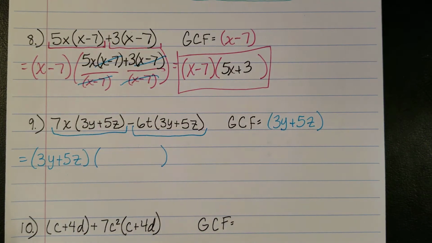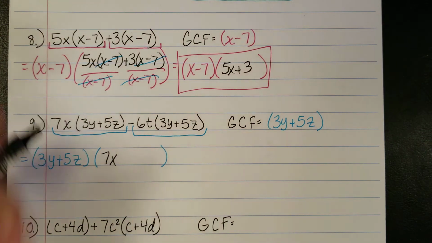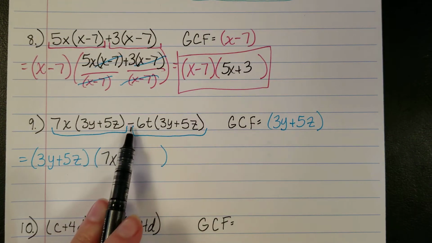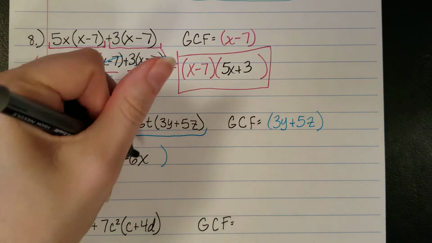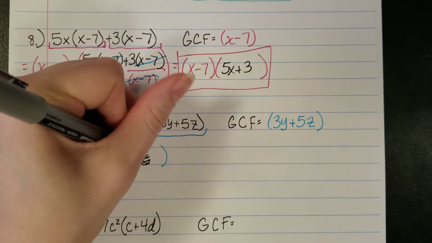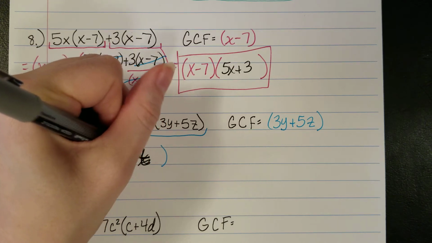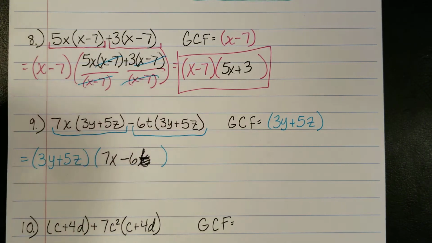But most of the time I'm just like, all right, well, what if I take that out of here? What do I have left? Well, I just have left 7x because I took that out, and I take that out, so now I have minus 6t. Oops. And that's it.